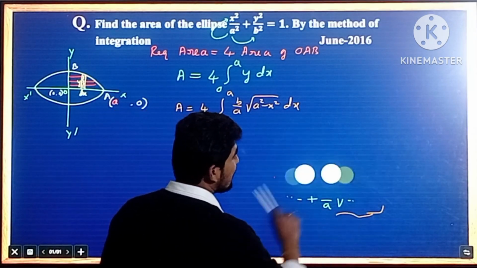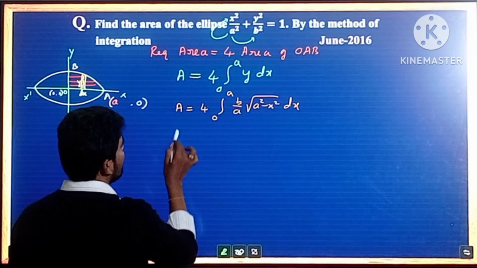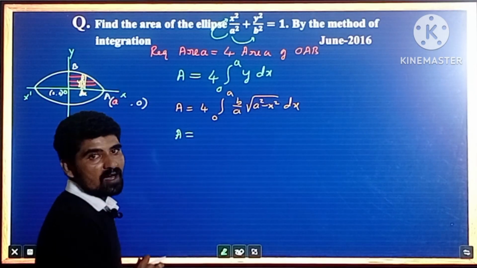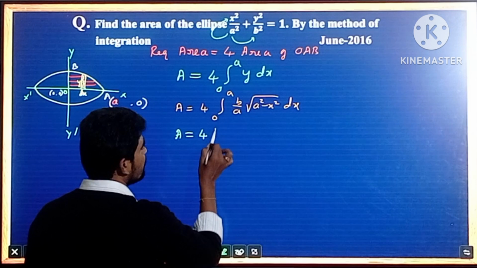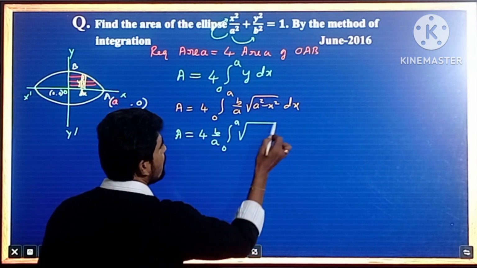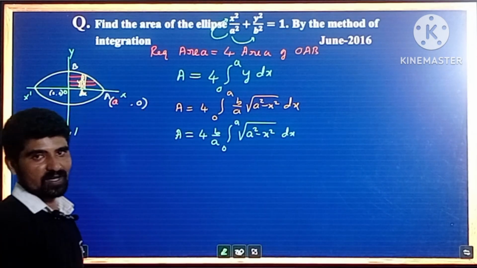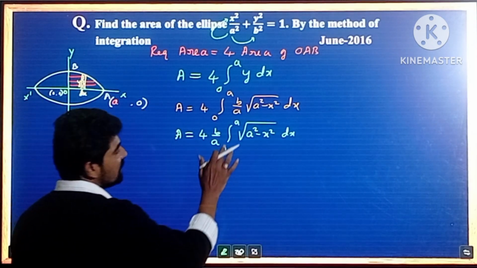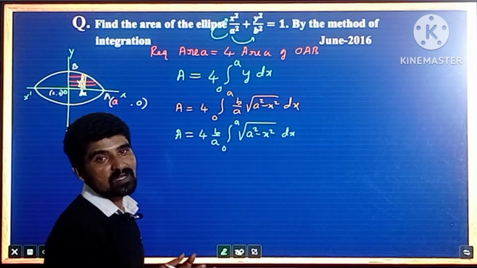Now see here, to integrate this, firstly I am going to take this b by a outside the integration sign because it is constant. So 4 times b by a into integration from 0 to a of square root of a square minus x square dx. I hope all of you understood. And we know that integration of square root of a square minus x square is one of the standard particular functions.